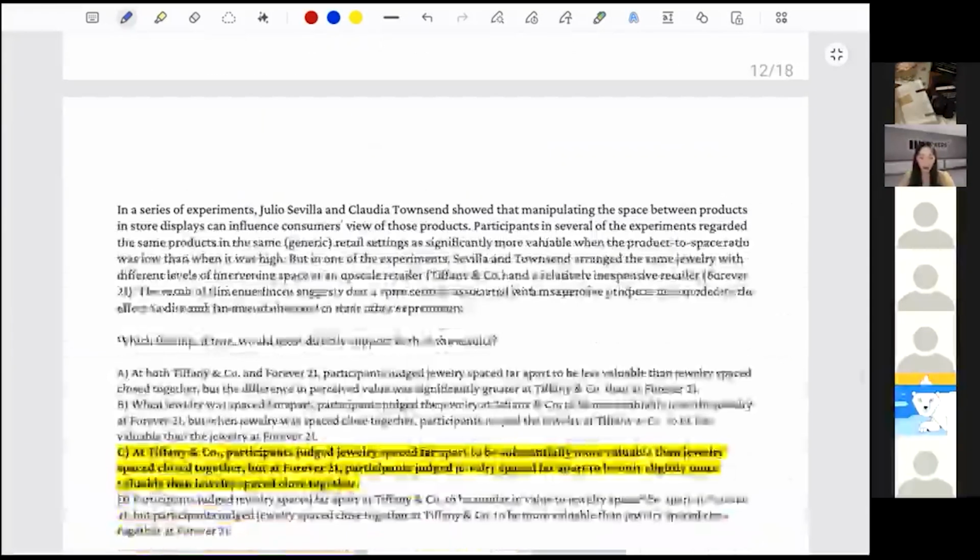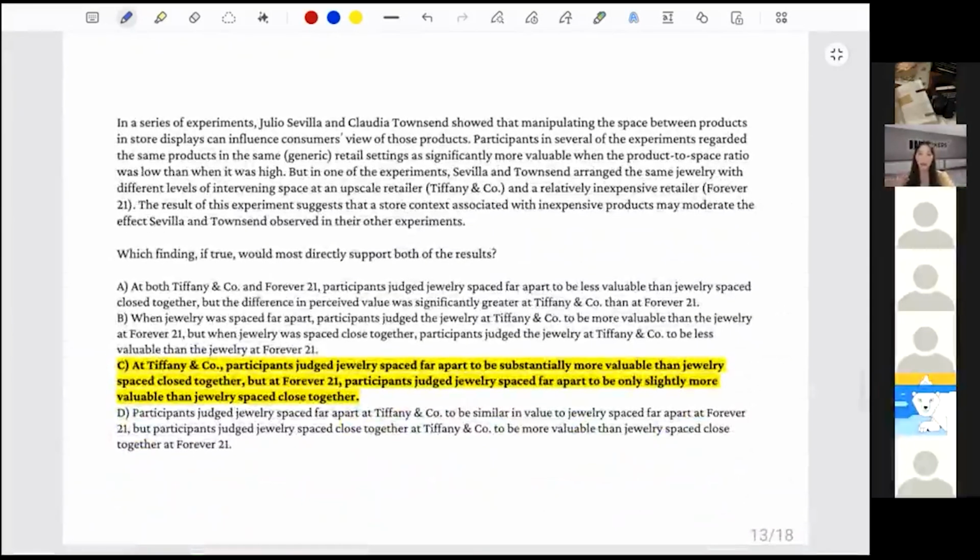And that is why, knowing that framework, we can choose C because it supports the first reason. At both stores, jewelry spaced far apart was still judged as more valuable than the one spaced close together. The basic rule still holds true. And then the second result is also supported. The inexpensive context of Forever 21 moderated or weakened the effect.